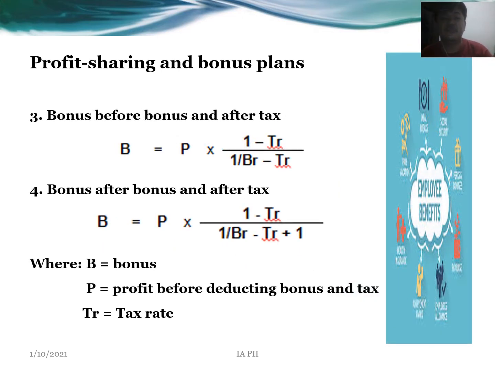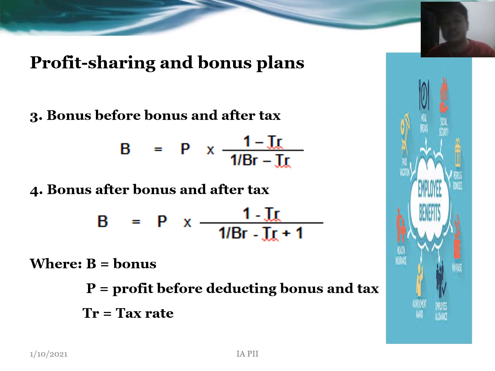Case number 3, bonus before bonus and after tax. Since it is after tax, you should consider the tax effect. So, there are more items in our formula; there is now TR, which means tax rate.